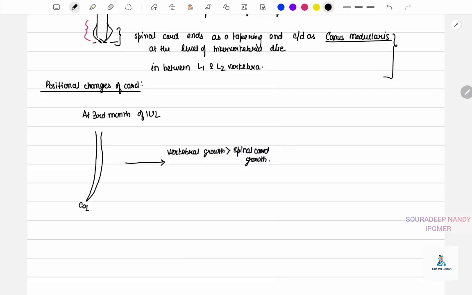Because of this, the vertebral length increases but the spinal cord length does not, and the lower level of the spinal cord gradually moves towards the lumbar vertebrae. At birth, it remains at the lower border of the L2 vertebra. Then in adults, it comes to the lower border of the L1 vertebra.